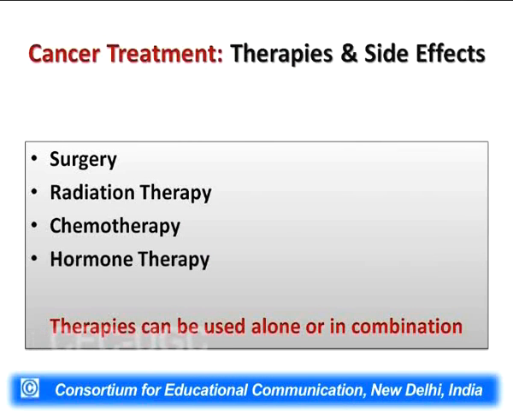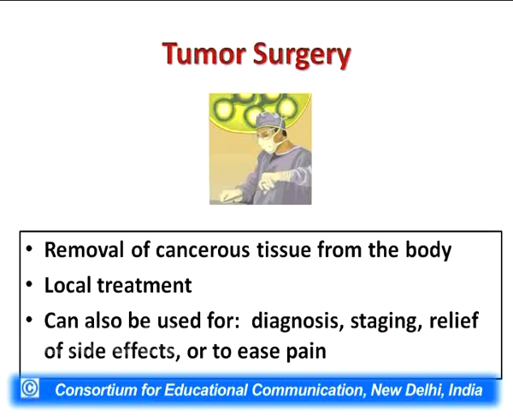Now, there are different therapies in cancer treatment regimes, which include surgery, radiation therapy, chemotherapy, and hormone therapy. Depending upon the cancer type, the patient is recommended either one of these therapies or a combination of them. Let's take up these therapies one by one. The first one is tumor surgery.